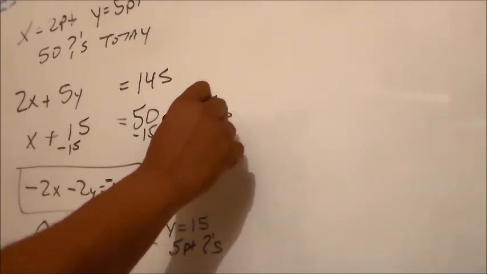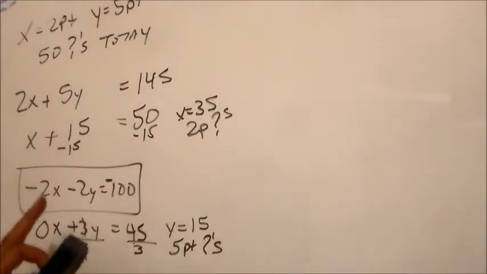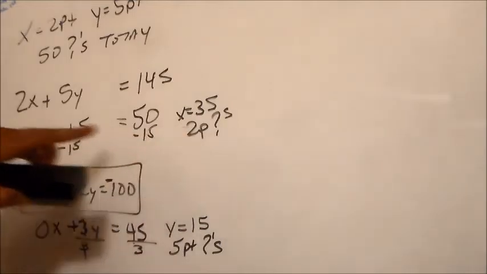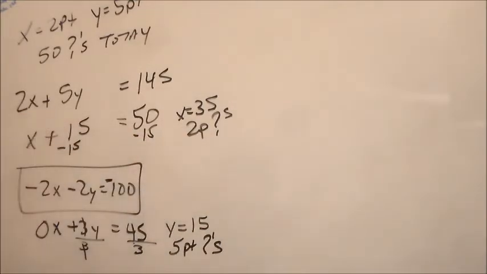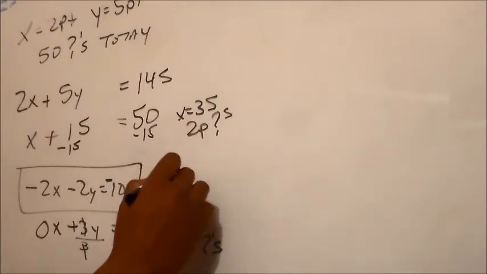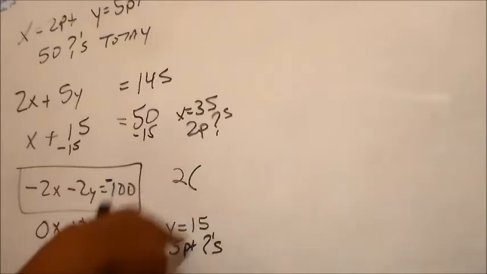2-point questions. Alright. Now you could leave it there if you wanted to, or you could plug it in here to test it out here to see if x being 35 and y being 15 holds true. So we got more real estate over here. So 2x, where's my x?